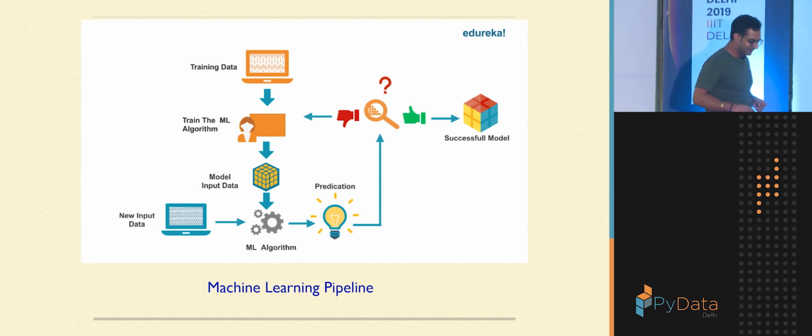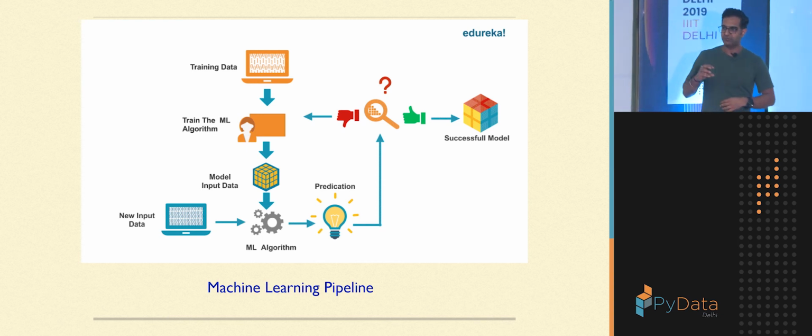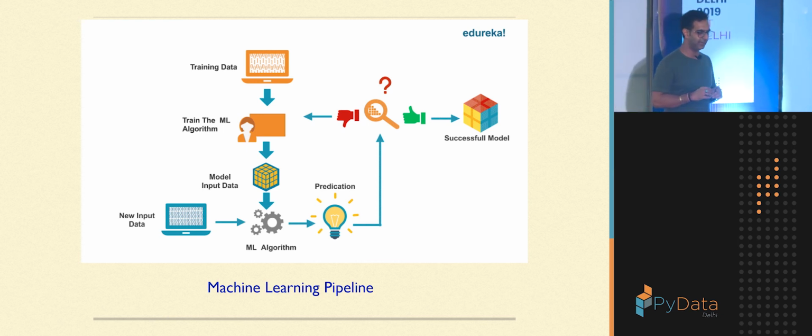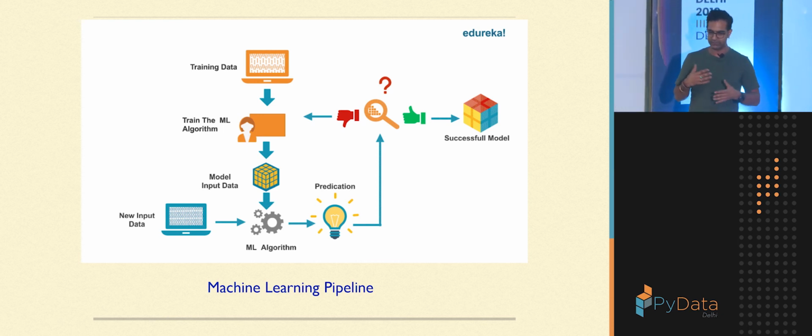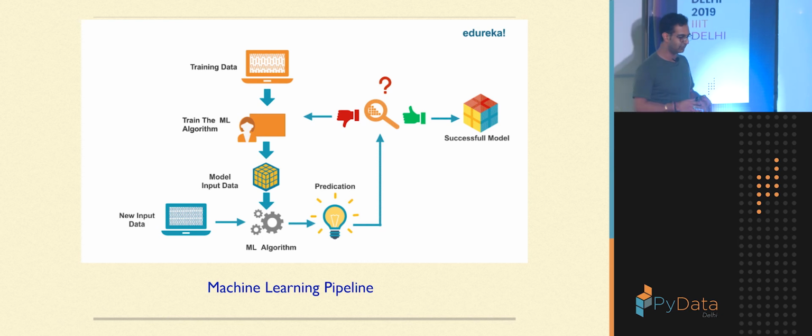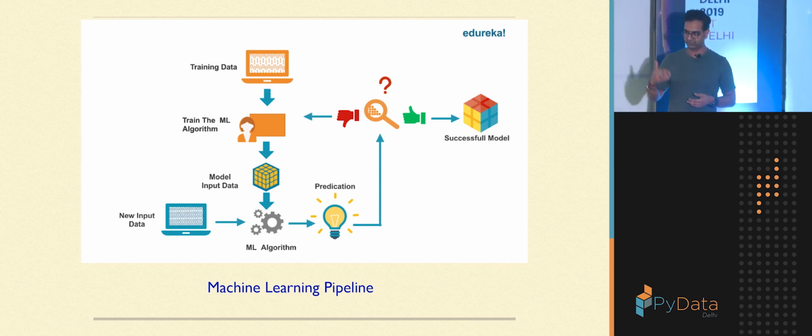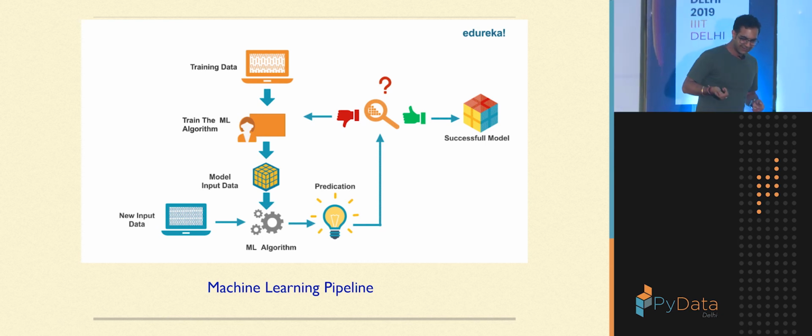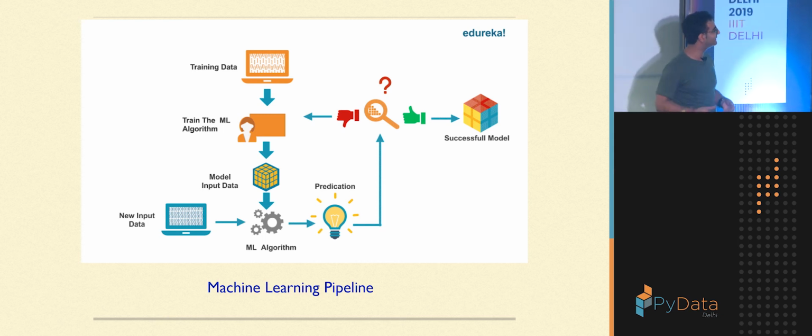By training, I mean that one by one a data point is fed to the algorithm. It sees an image, and depending on how the algorithm is designed, maybe it starts with a random initialization, so it will have some weights, and on the basis of that it will predict whether this is a cat or a dog. If it predicts correctly, there is no penalty, but if it predicts incorrectly, then there is a penalty.